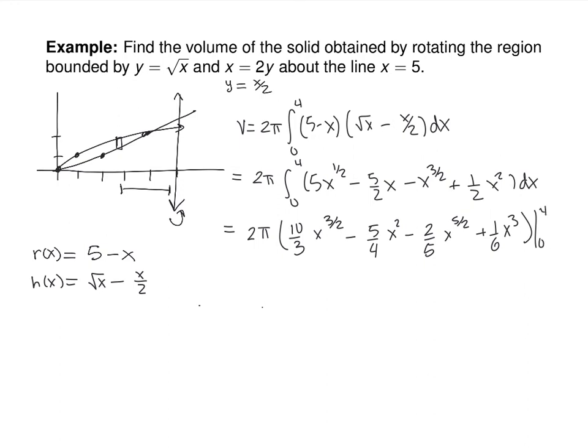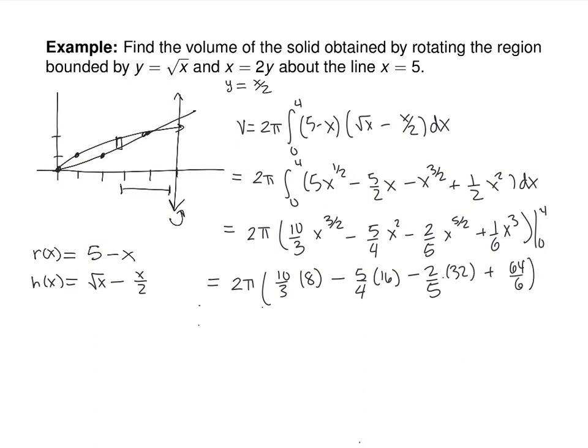Okay, let's plug all of our numbers in. So 2 pi times 10/3. Now 4 to the 3/2 will be 2 to the 3rd, or 8, minus 5/4 times 16, minus 2/5 times, so square root of 4 is 2, 2 to the 5th is 32, plus 64/6.